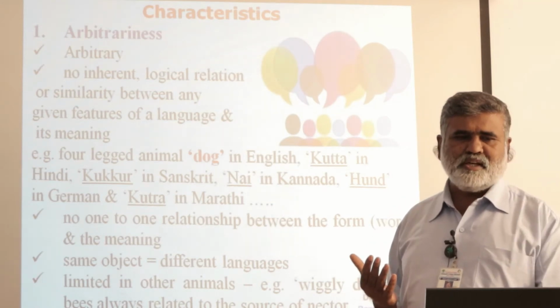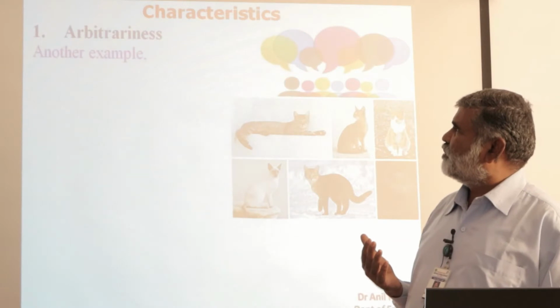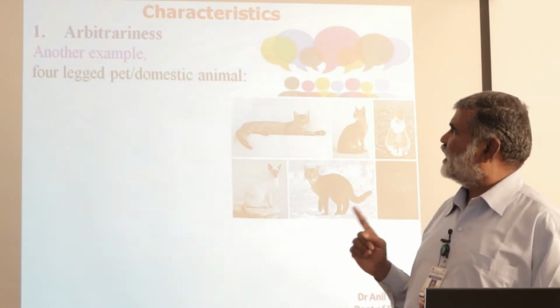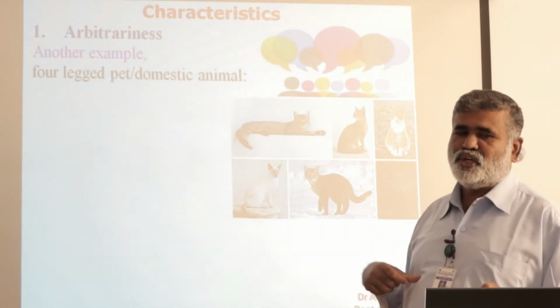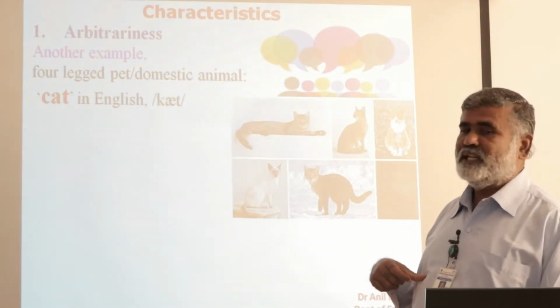Now we may consider another example of arbitrariness, that is a four-legged pet or domestic animal called cat in English.